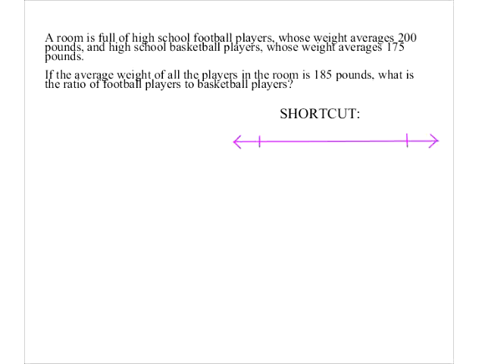Football players are 200 pounds, so 200 pounds is the football players. Okay, that's football. And then 175 is basketball players. And then our weighted average is, yeah, so a couple of you are nailing this already. It's going to take me longer because I got to draw it on the screen, but I know a couple of you are starting to nail this. So 185 is the weighted average.